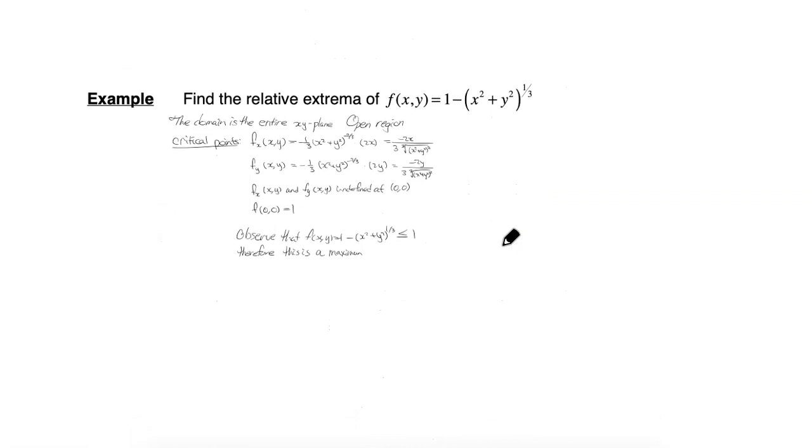Here's a similar second example. Again, f of x and y is defined over all real numbers. There's no limitations, and we can see that any value of x and y, we will be able to plug them in. So, same strategy, we take the derivative and we look for where f of x is equal to 0 or f of y is equal to 0.